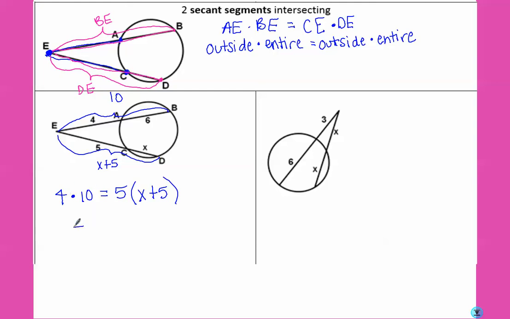Four times 10 is 40. Here we'll need to distribute the 5, and we'll get 5x plus 25. Subtract 25, we get 15 equals 5x. And if we divide both sides by 5, we get that x equals 3.